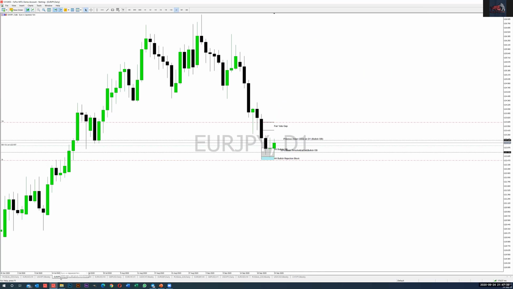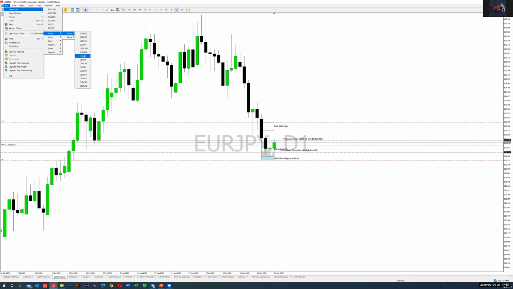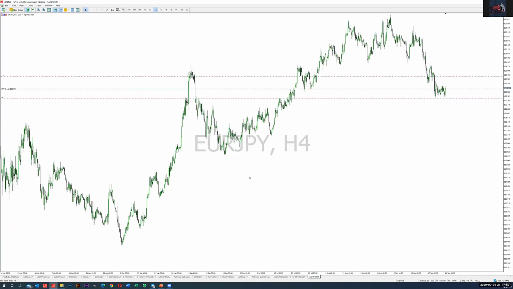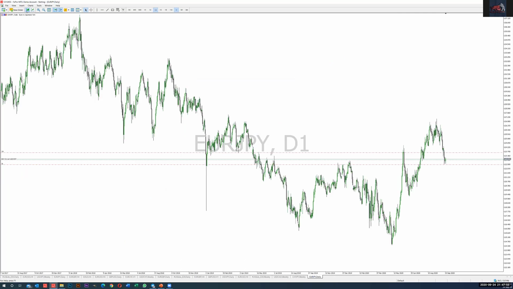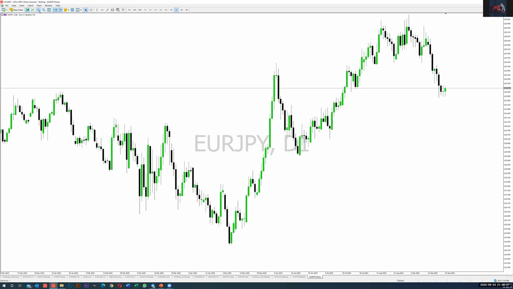Euro JPY. Right, there we go. Let me open a new chart for Euro JPY. We've got an original zone there because that's the only one I haven't highlighted. So Euro JPY daily. I'm gonna zoom in.